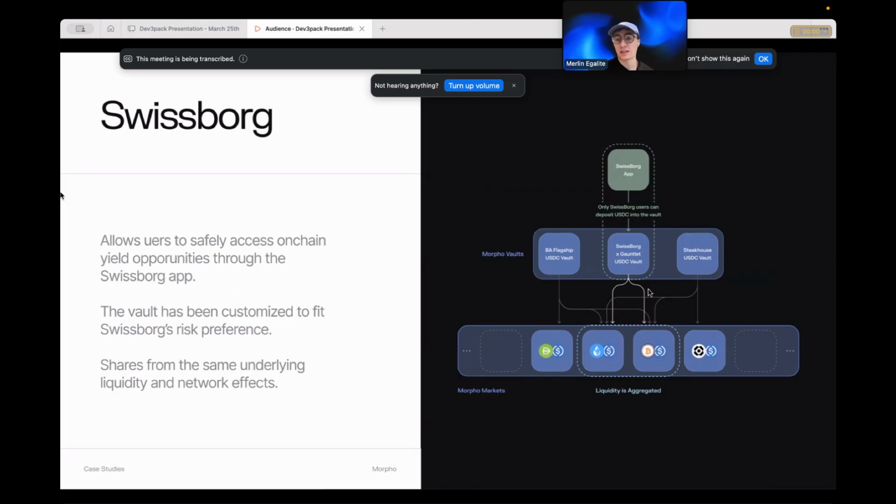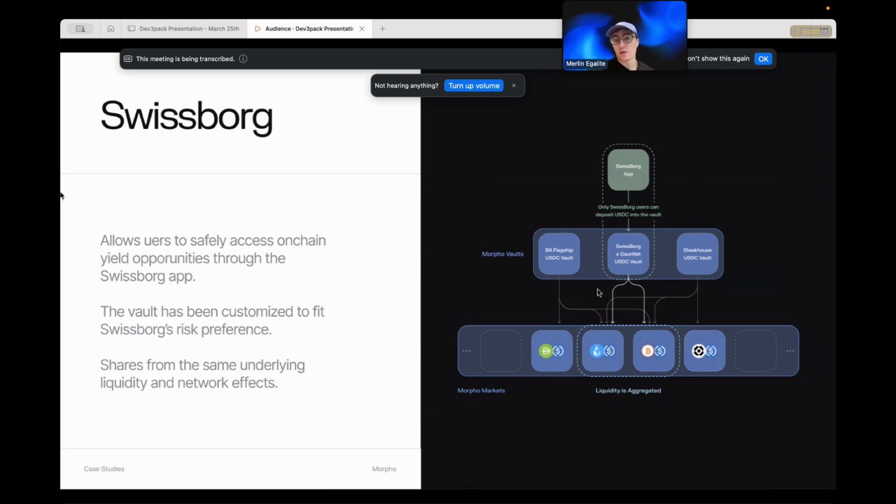So you can see that even though the vaults are kind of separate, they share the liquidity to the extent they share the same markets. This kind of thing allows you to create earn products that are very seamless, very simple.